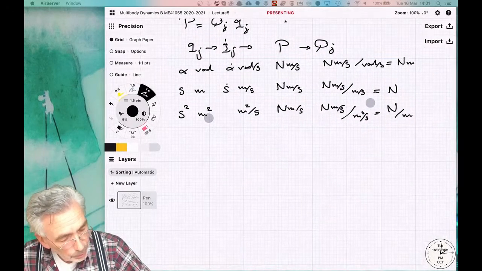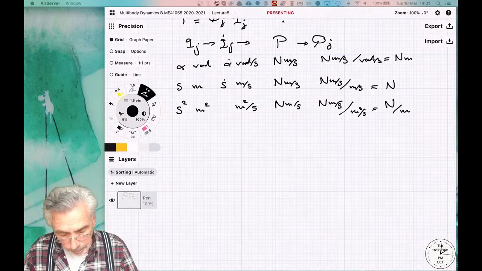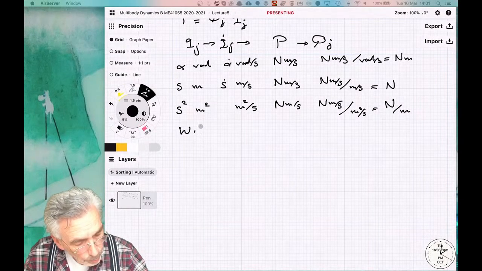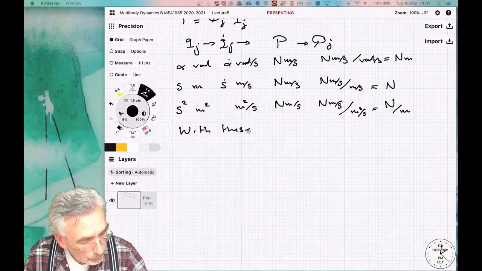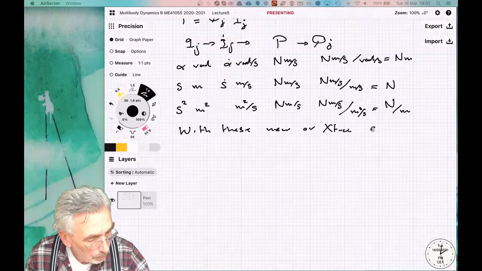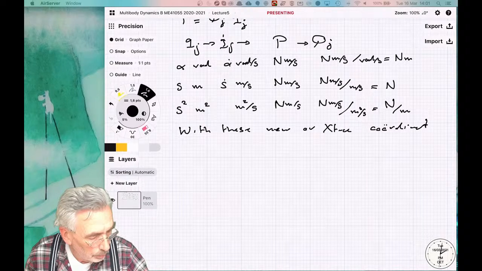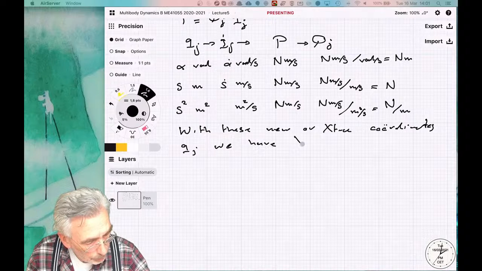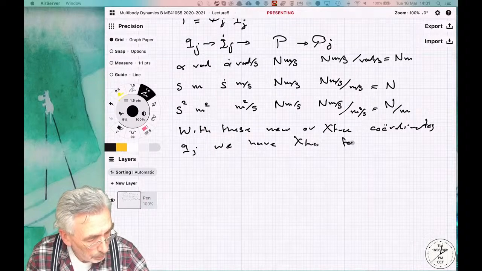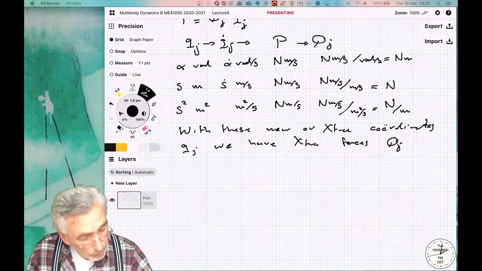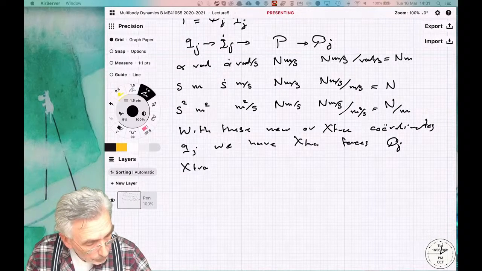Okay, so that's about generalized forces. Let's get back to our equation. Now with these new or extra coordinates, being these generalized coordinates q_j, we have these extra forces, capital Q_j, and we also have extra power, right?